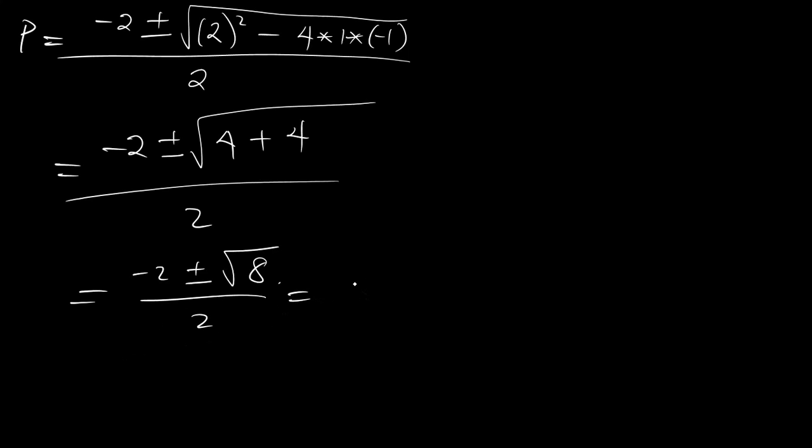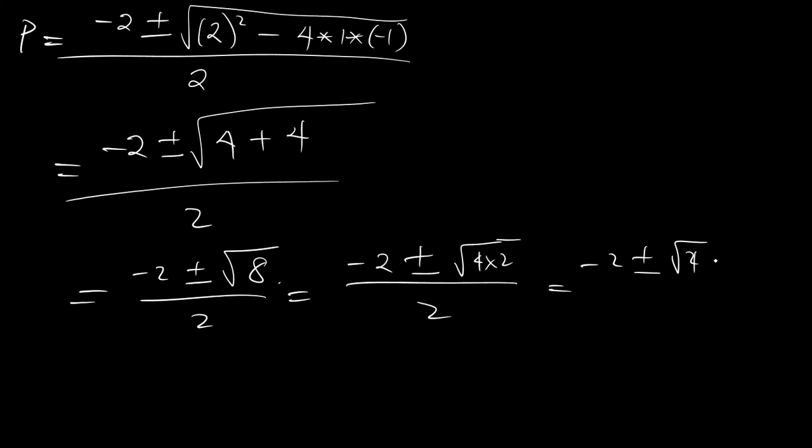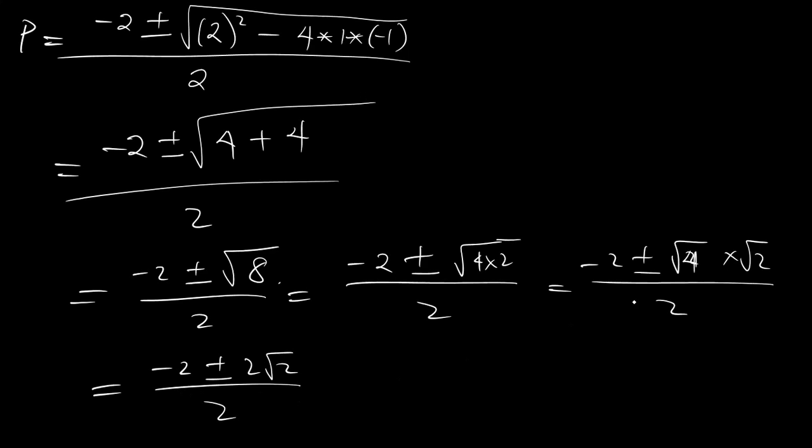This is the same as minus 2 plus or minus the square root of 4 times 2 all over 2, which is minus 2 plus or minus the square root of 4 times the square root of 2 divided by 2. So we now have minus 2 plus or minus 2 root 2 divided by 2, because the square root of 4 is 2, so that is how we got this.